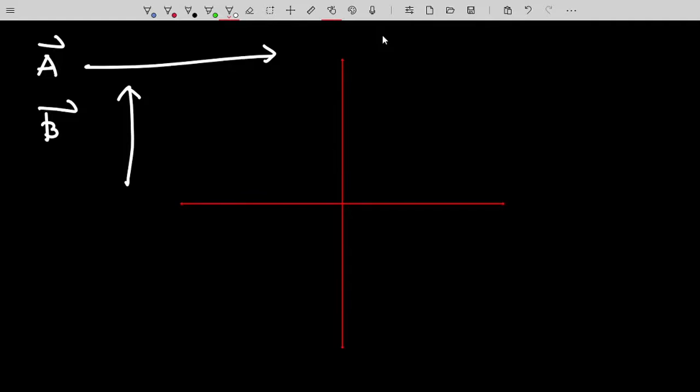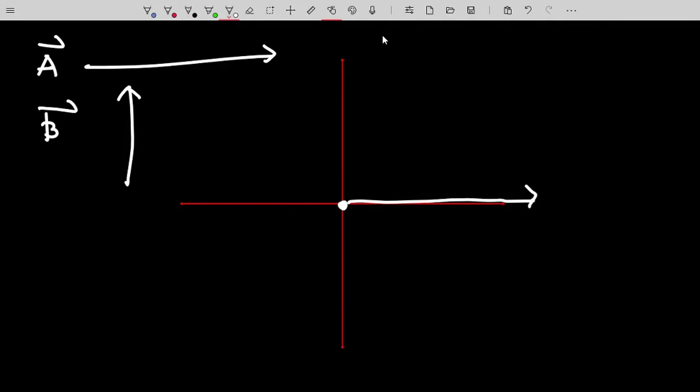The idea here is to add these vectors from the head of the first vector to the tail of the next vector. So for example, our first vector is vector A, and this is our central axis. The first thing to do is to draw the first vector from the central axis, like this one.